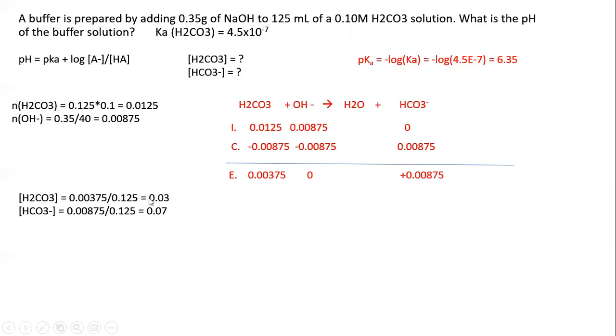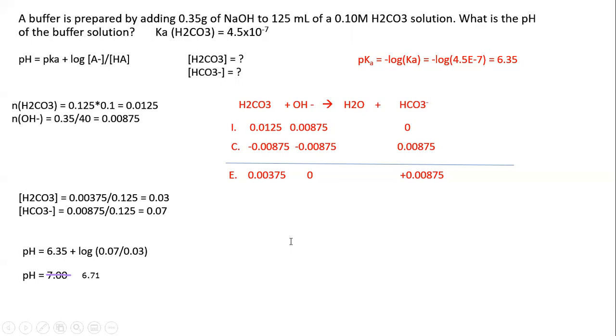We find the new molarity of the weak acid and weak base, and then we can calculate the pH. And it shouldn't be 7, that's a typo. I thought I fixed it. It should be 6.71.